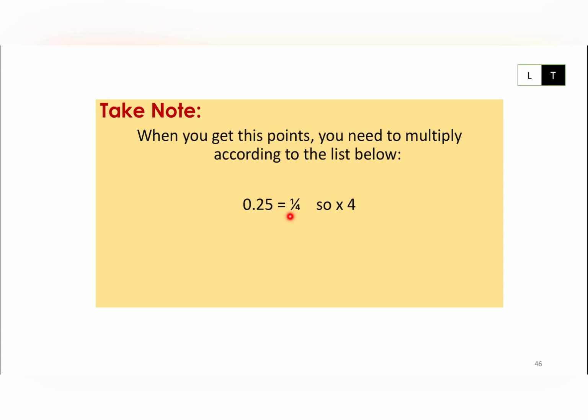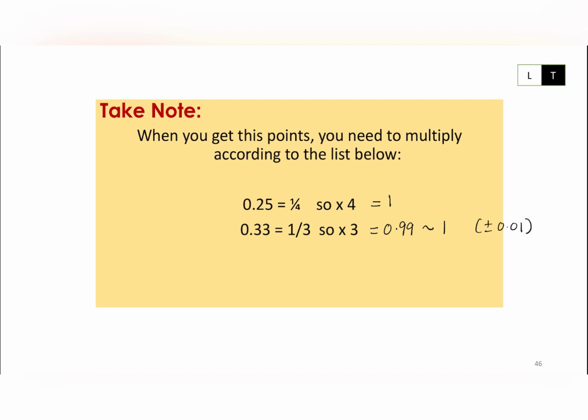So in order for you to get the correct value, you times by 4, and you will have 1 as your whole number. Next one. For example, I got 0.33. If I times by 3, I will have 0.99. This is close to 1, so you can round off because the difference is plus or minus 0.01.